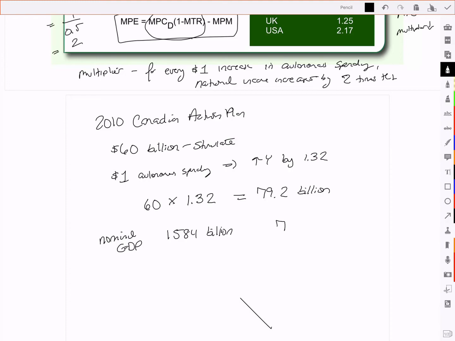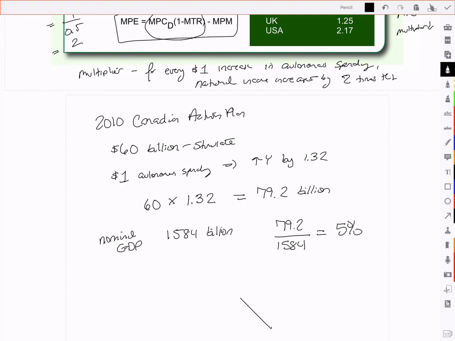And notice that if they could grow the economy 79.2 billion by spending 60 billion, well, 79.2 divided by 1584, you get 0.05, or 5%. So they found that they could grow the economy 5%, but they didn't have to spend 5% to do it.